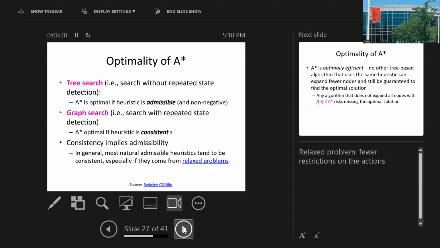So consistent is a monotonic heuristic. You must guarantee this condition all the time, whereas this other one is just admissible.